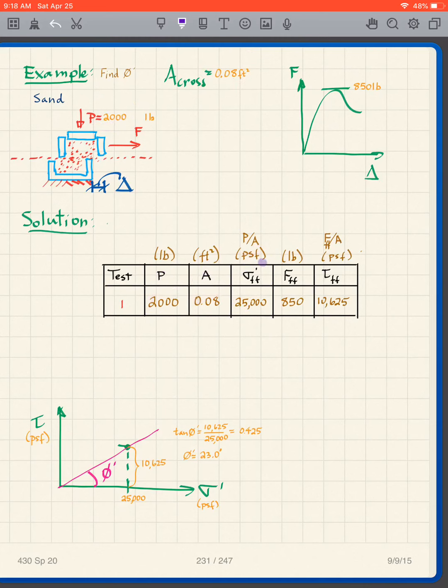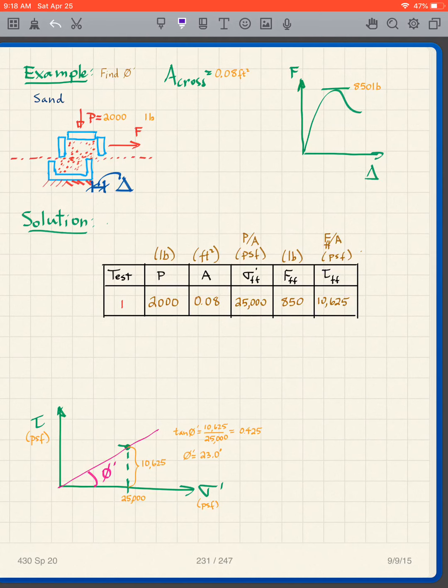For my F FF, well, F max is 850. There's my F at failure on my failure plane. Then I simply divide that by the cross-sectional area, 0.08, and I get my tau FF is 10,625.